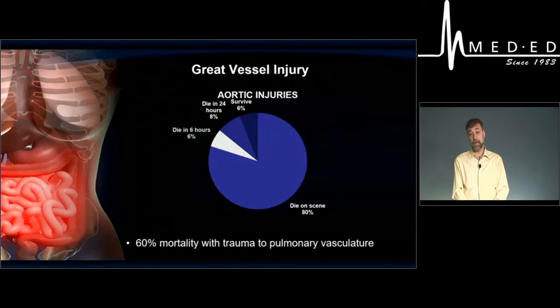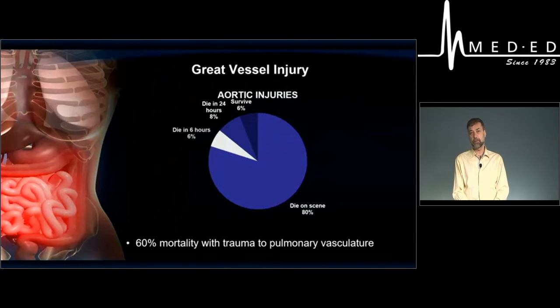Now, you can probably figure this out, but one of the reasons why so many of those patients die in the first few hours is because the clamping of the aorta that's required to repair it can cause significant hypoxia to the tissue, and that in turn is going to lead to the complications which will cause the patient to die even though they survived to the hospital. So overall, aortic injuries have a very, very low survival rate, but we have to remember that about 6% will ultimately survive, so we need to treat each patient accordingly.